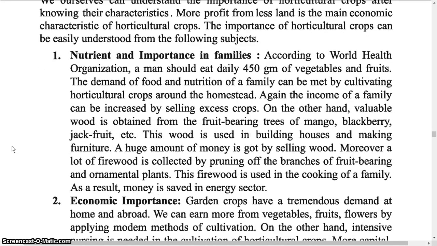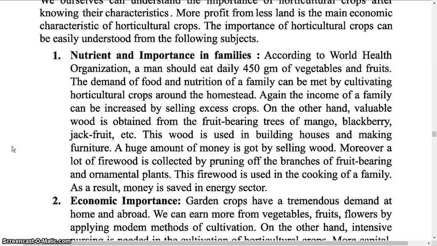Number one subject is nutrient and importance in families. This paragraph is very important for MCQ. According to the World Health Organization, in short WHO, a man should eat daily 450 grams of vegetables and fruits.